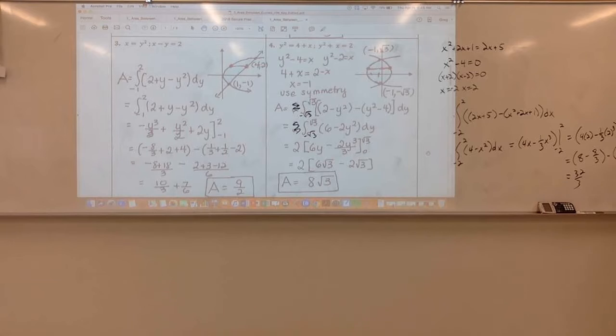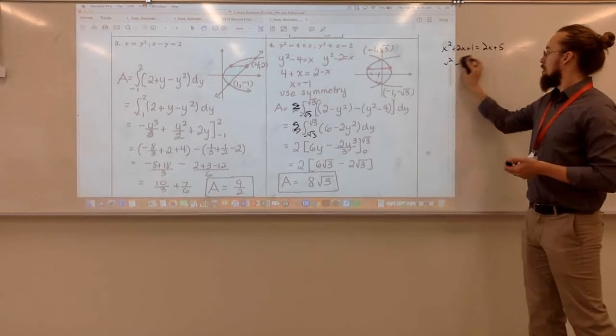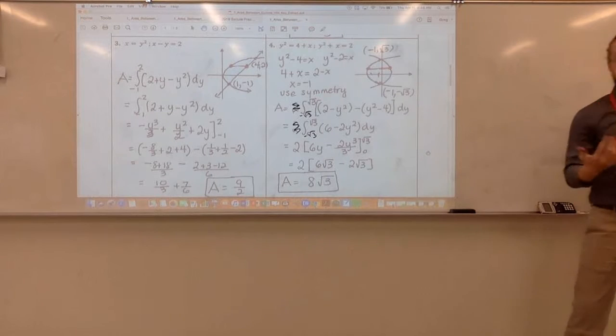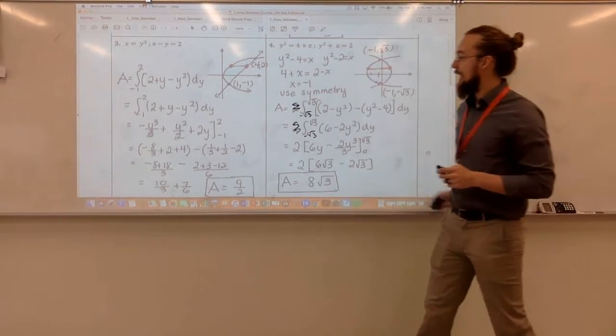So, I mean, it's just find your bounds, which means where the curves intersect, unless you're given some other information, and then figuring out which one's greater and subtracting bigger one minus smaller one. All right.